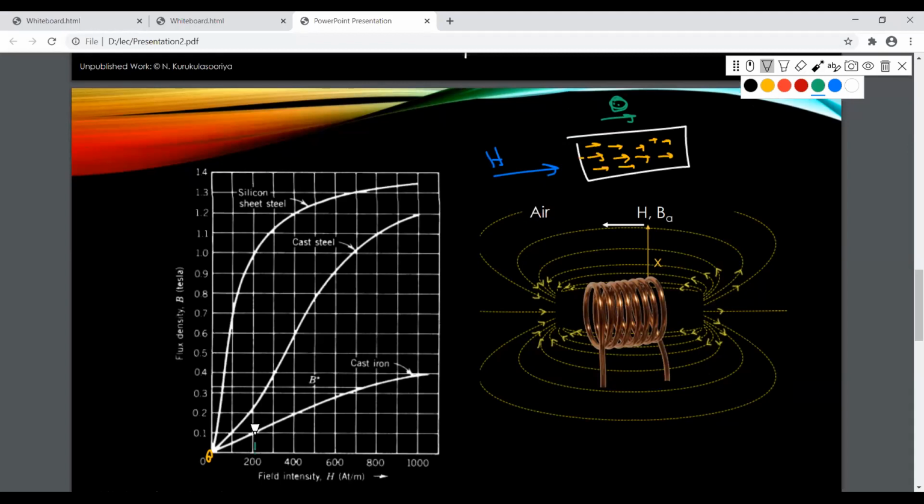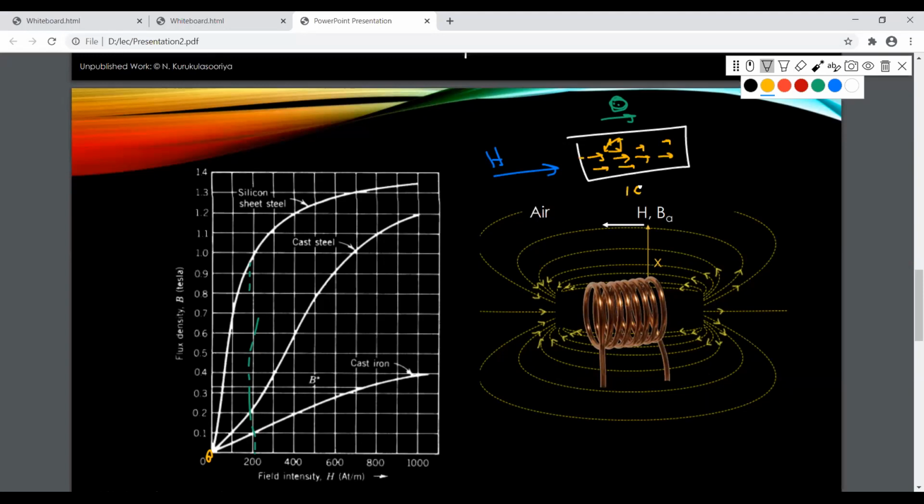And when you apply a higher value, some of the domains would arrange in the direction of this external field, but there would be still some other domains which are still not arranged, right?